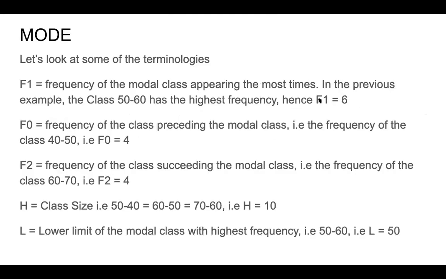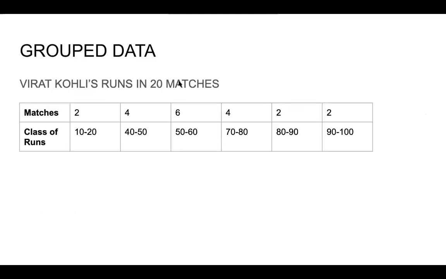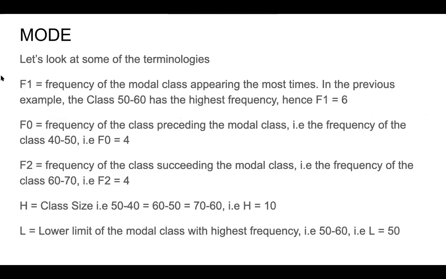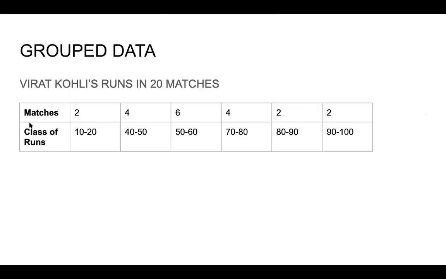Here the highest frequency is 6 matches, so F1 is 6. Okay, F1. What is F0? F0 is the value just before F1. Before 6, what is there? It is 4. So F0 is 4.